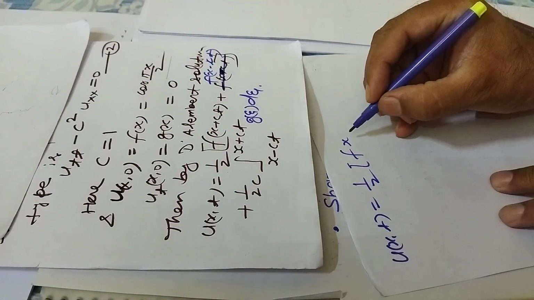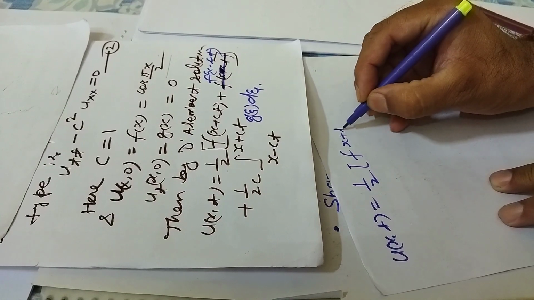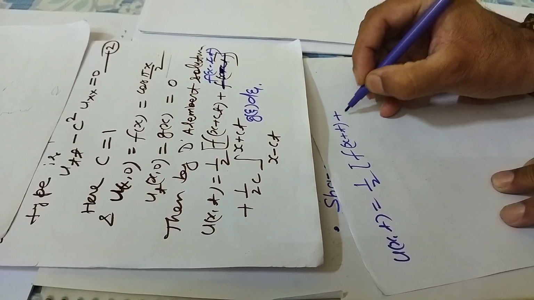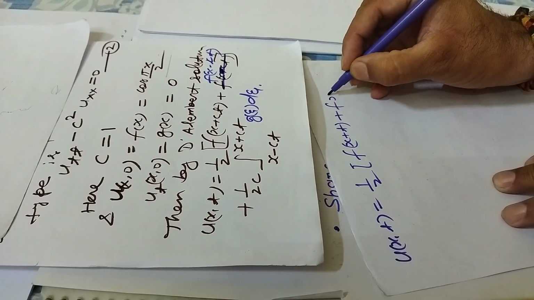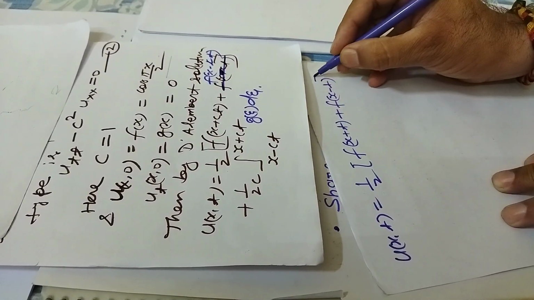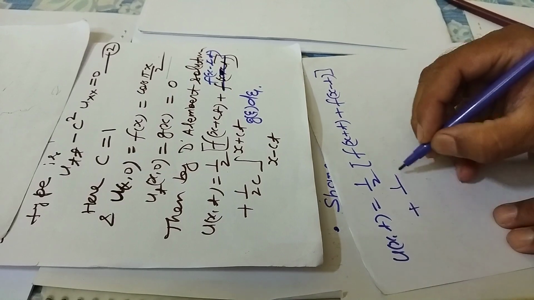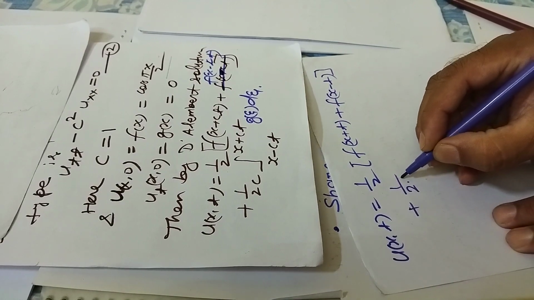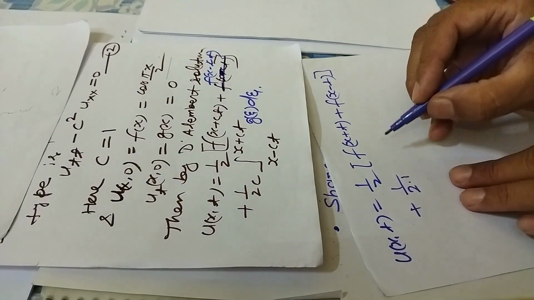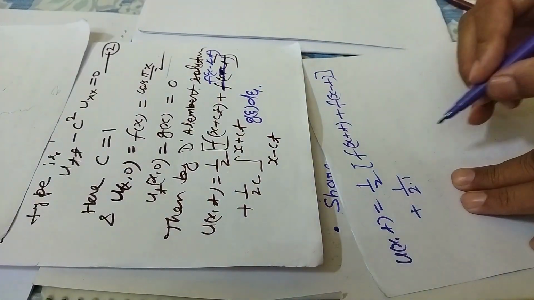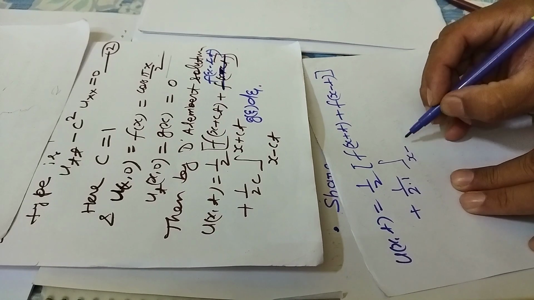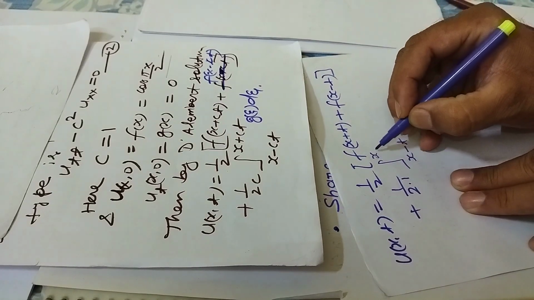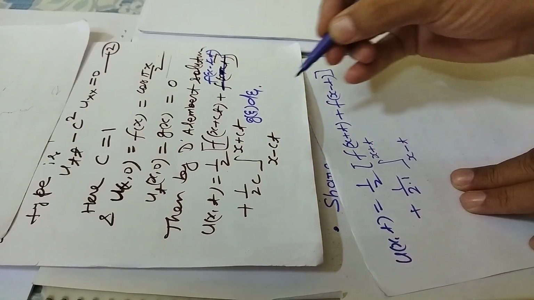So put here f(x+t) plus f(x-t), that is x minus t. Plus 1 upon 2c, 2c meaning 1 upon 2 into 1, integration from x minus ct, that is x minus t, to x plus ct, that is x plus t.